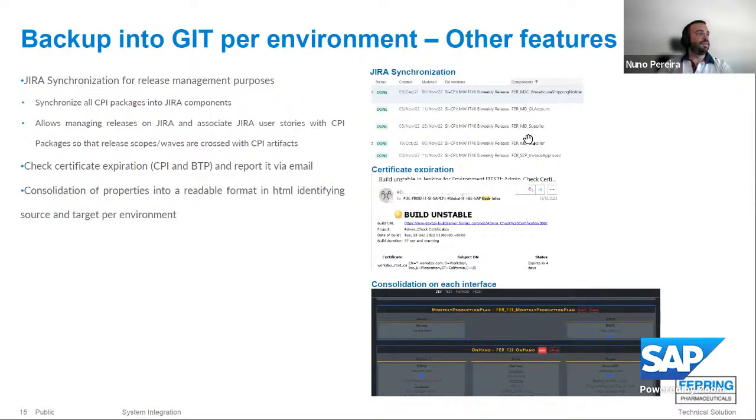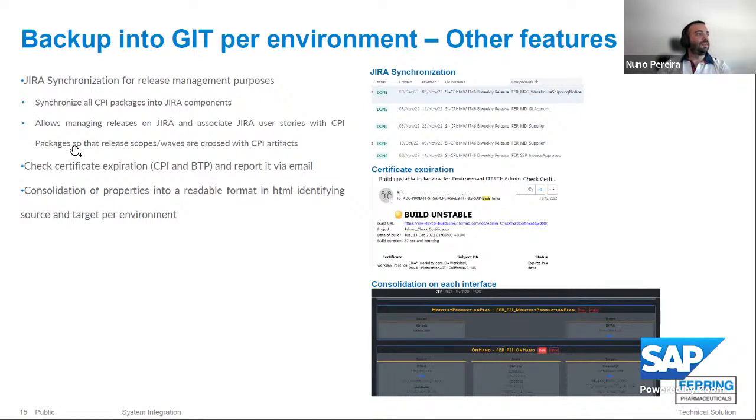The idea behind this is that we are using Jira as our release management tool, and we can then have an association between the user story that was worked on, the CPI package that was used, and the release that we want to handle. This becomes very handy because in the end, we can try to automate this part too, to move one release in one go when we can identify the packages involved.